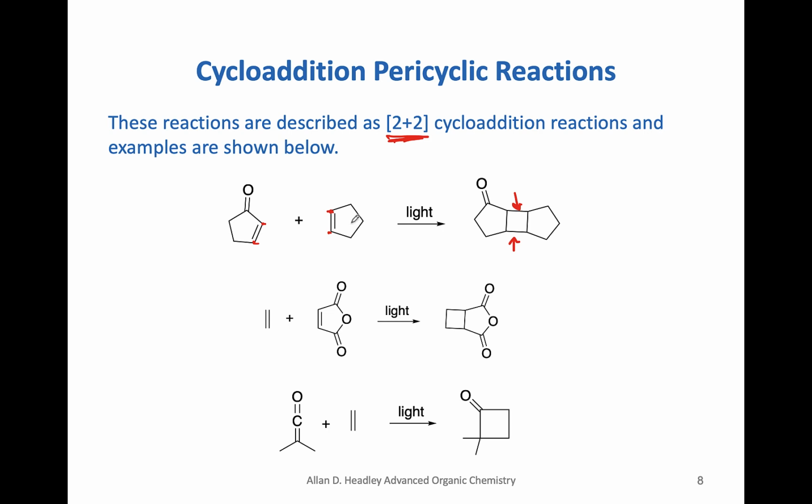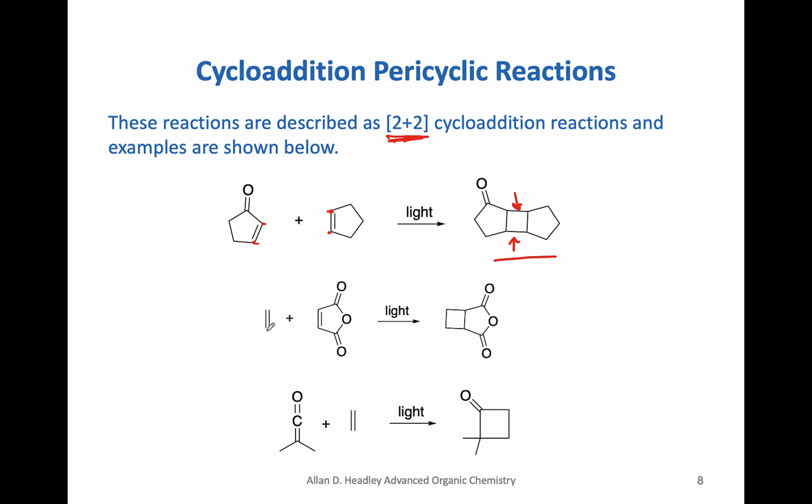Notice again, the pi electrons now form sigma bonds, and here's the cyclobutane structure. I should remind you again that these reactions are reversible, so it can go in this direction also, but we're concentrating now on just formation of the product.